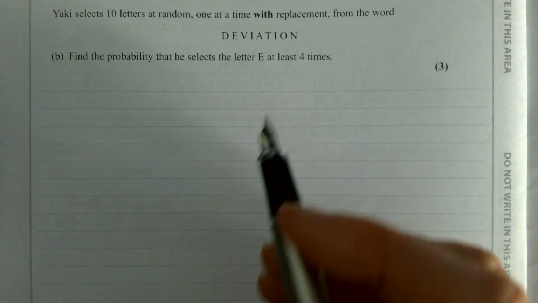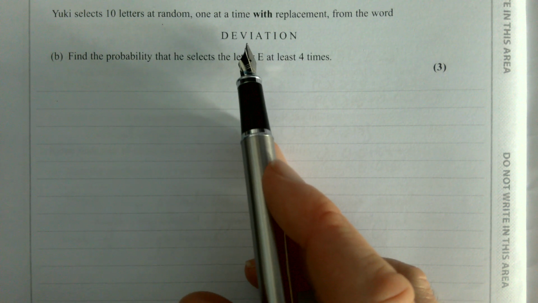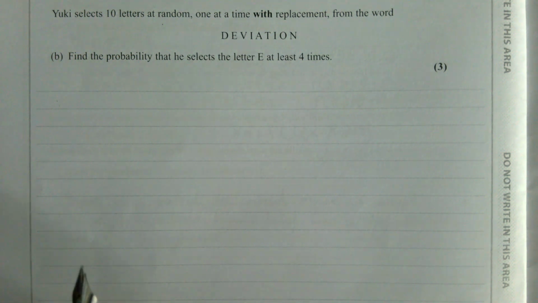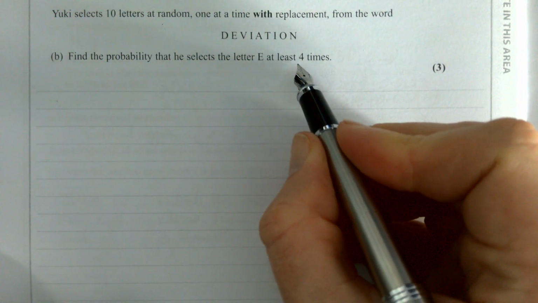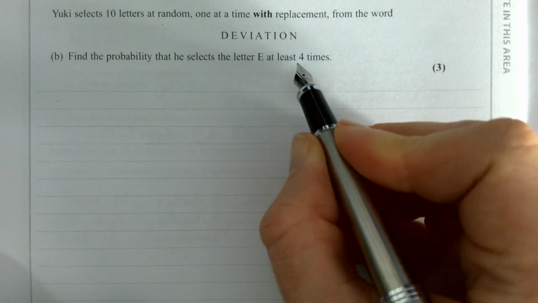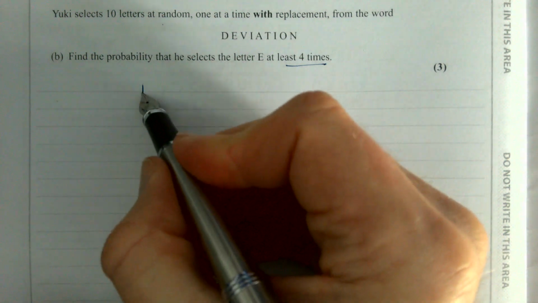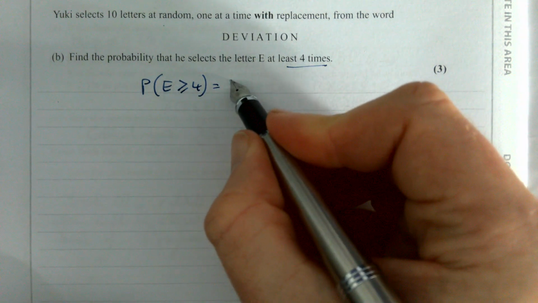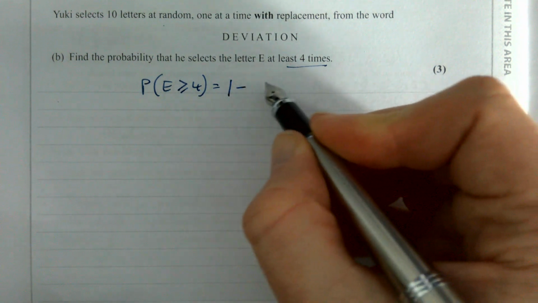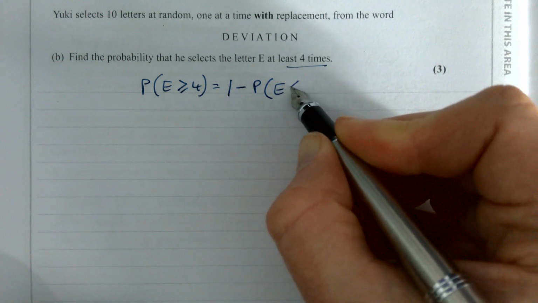Returning to part B, Yuki selects 10 letters at random, but this time with replacement. So this means we're going to find the probability he selects the letter E at least 4 times. So what we're interested in, the probability that he's going to select the E at least 4 times is going to be 1 minus the probability that he selects it less than 4.